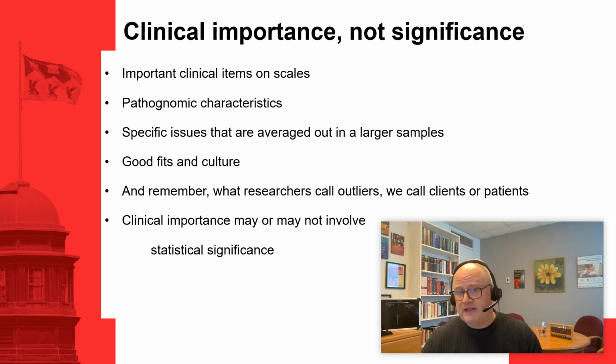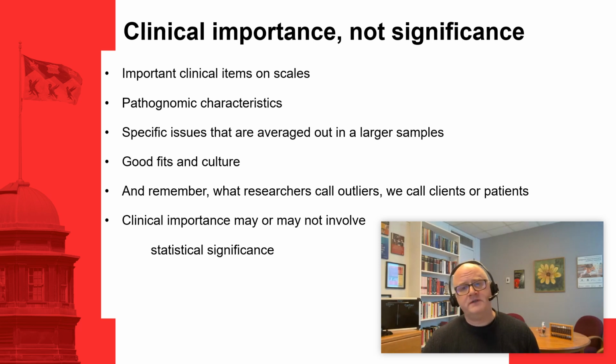So it's quite likely that if you are working in a certain type of setting, for example, an inpatient psychiatric setting, your clients may be outliers in some research and may even have been removed from the sample because they're too different from others, in which case that research does not apply to your client or patient.